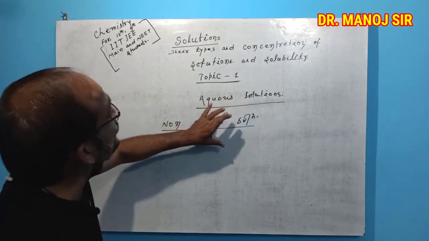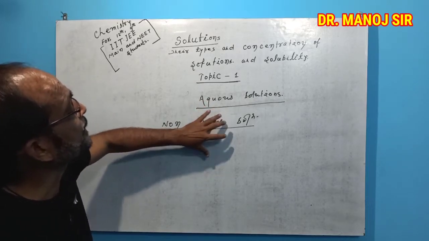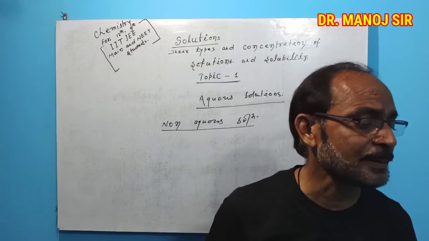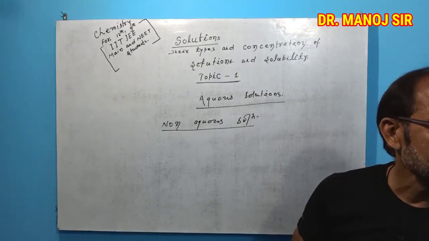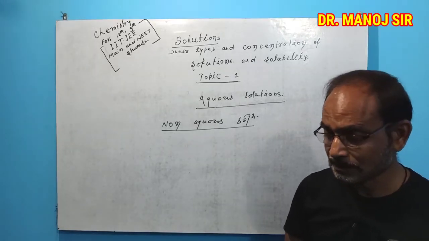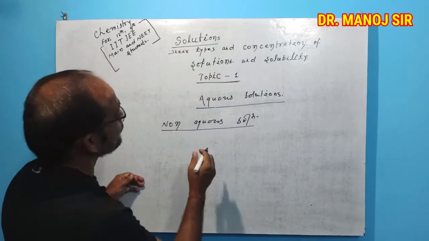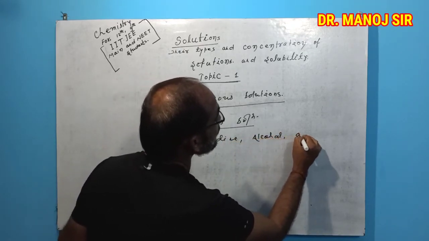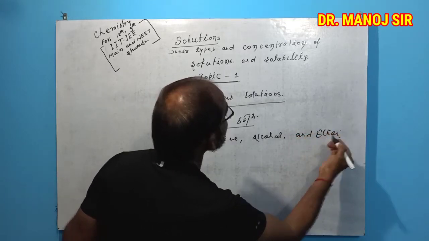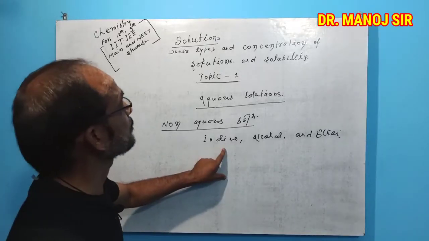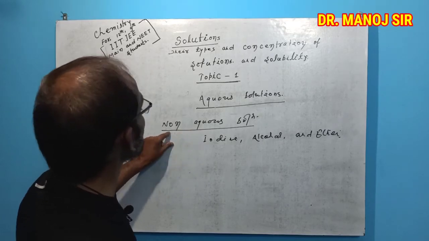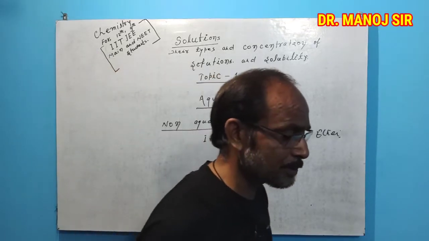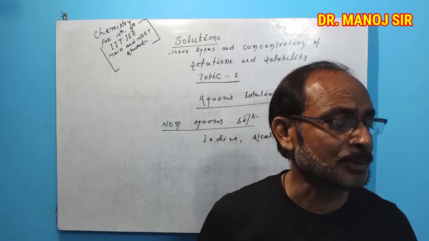Those solutions whose solvent is some other liquid besides water are called non-aqueous solutions. For example, iodine, alcohol and ether are solutions, but in the absence of H2O. This is called non-aqueous solution, without water.